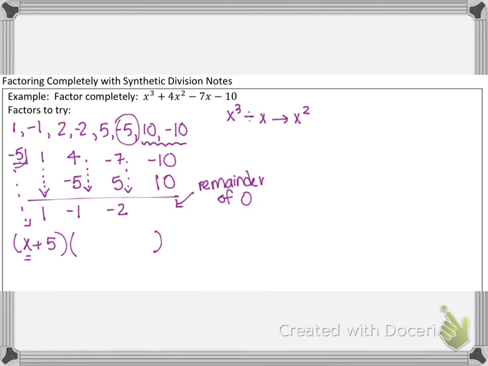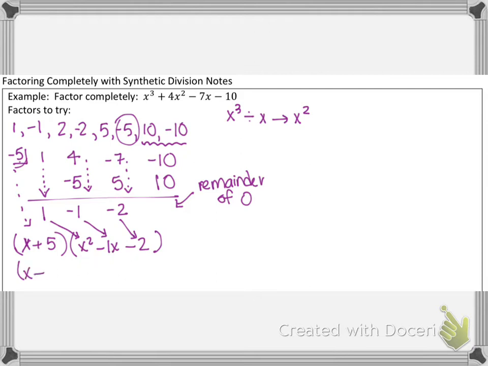So that means the biggest power in our answer is x squared. So we have 1x squared minus 1x minus 2. So instead of just writing our answer as the quotient, we're writing the next step in the problem as factors. So we factored out that x plus 5, and we're left with this quadratic trinomial here.